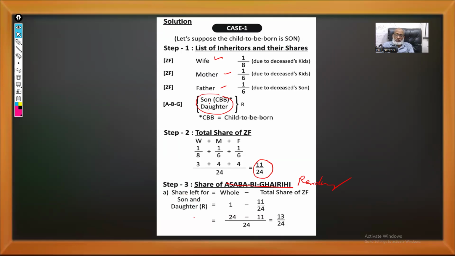Share of the son and the daughter, that is R, equals the whole estate of the deceased person minus the total share of the ZF, that is 11/24. So when you simplify it, the remaining estate to be distributed between the son and daughter is 13/24.